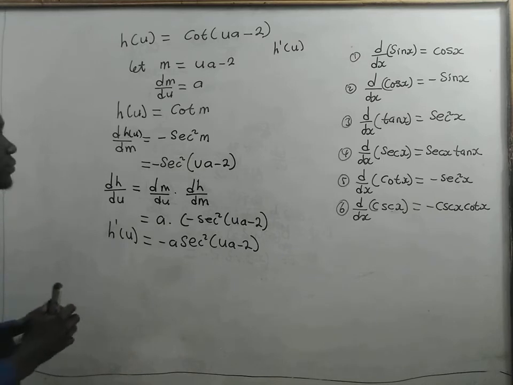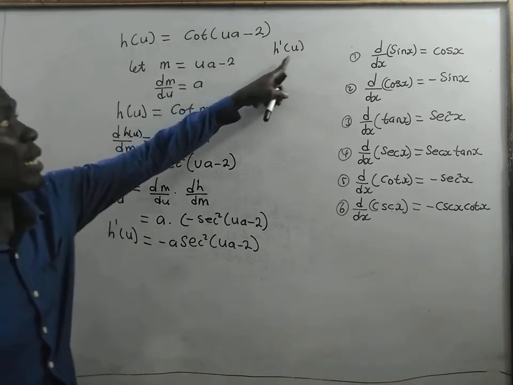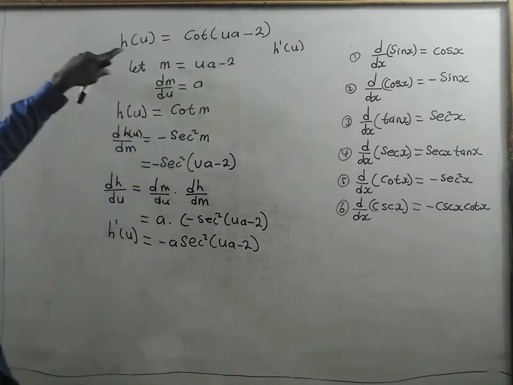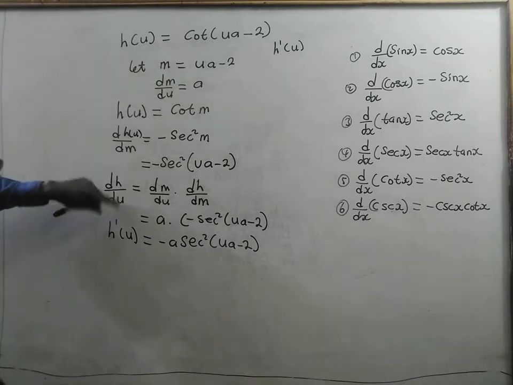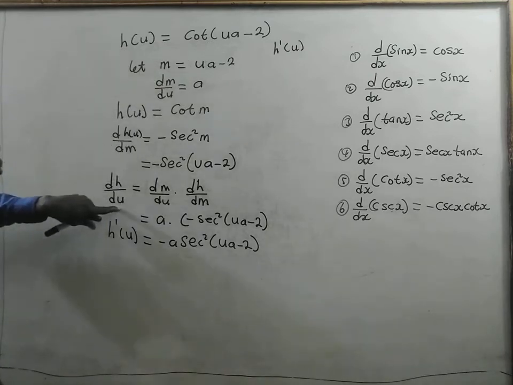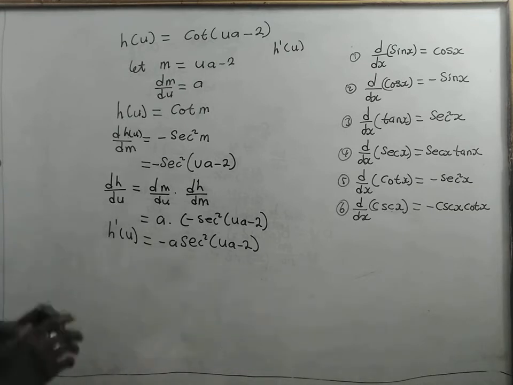There's no problem with that. Very, very simple as that. So here, h prime of u simply means that differentiate h with respect to u, or h of u with respect to u. Very, very simple as that.